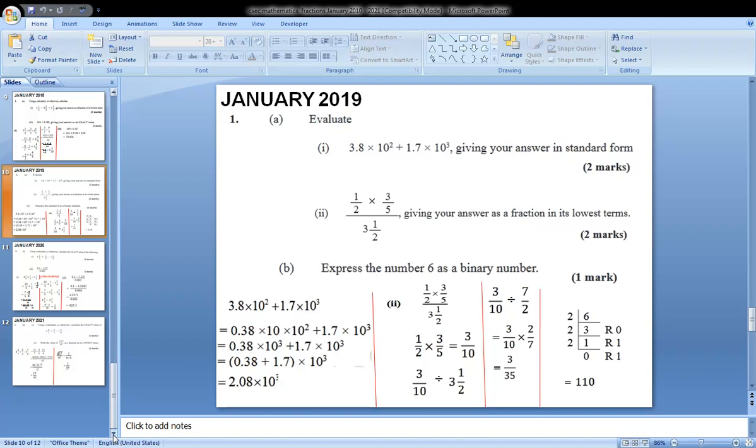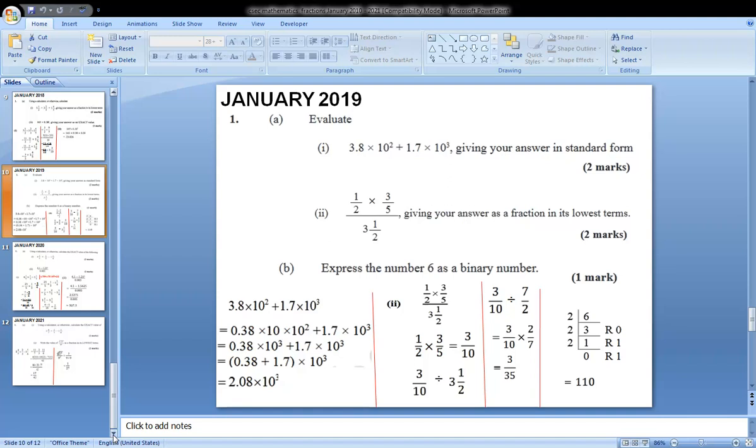We change the division sign to multiplication and invert or flip what comes after. So it now becomes 2 sevenths. And we simply cancel. 2 into 2 goes 1 time, 2 into 10, 5. 3 times 1 is 3, 5 times 7 is 35. Finish with that. So you'll get 4 marks in total.